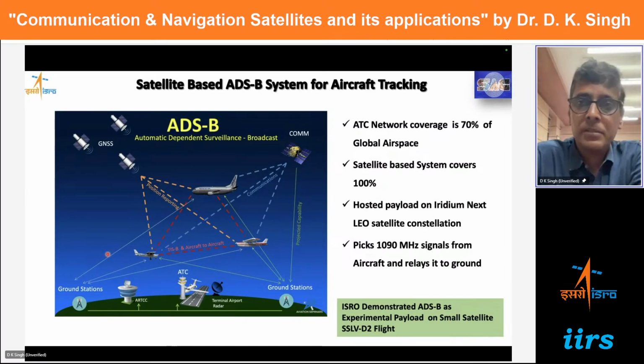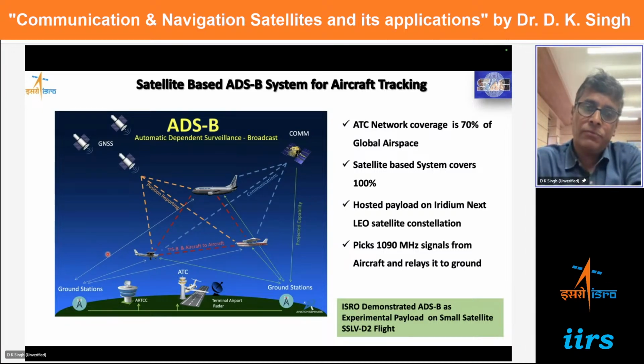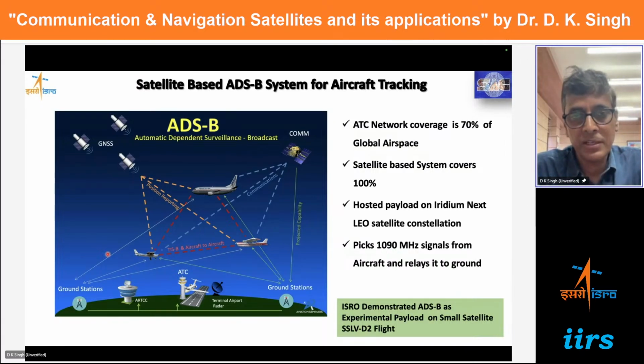Coming to another application of satellite communication, ADS-B. When an aircraft flies, the air traffic controllers get the aircraft position, velocity, and other information like ID in line of sight mode. But it covers only 70% of the whole aircraft movement corridor. 30% is still uncovered.